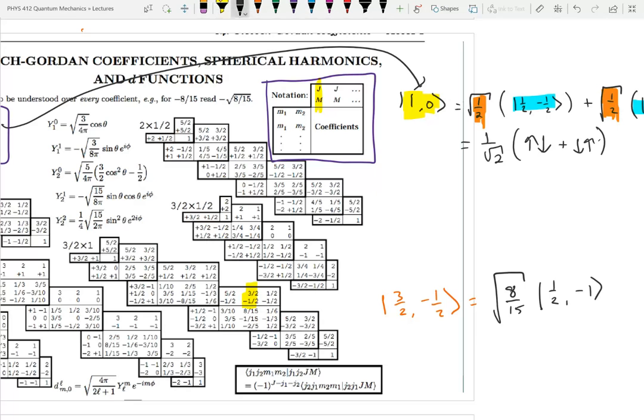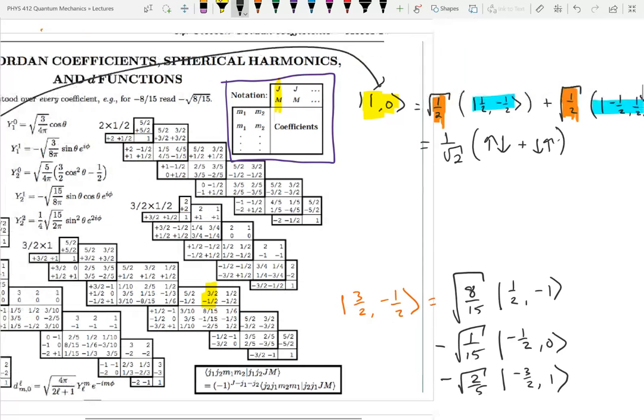Minus. Good. You read that. You have the assumed square root, but the minus sign is outside of the square root. So minus square root 1/15, and negative 1/2, 0. And then minus square root 2/5, negative 3/2 and 1.